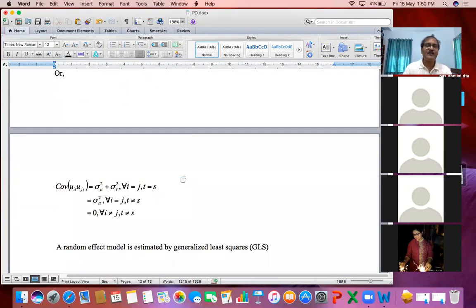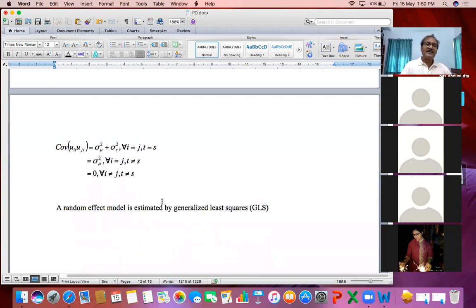For the classical linear regression model, this covariance should be 0. But in our setup, by separating out μ_i and epsilon_it, we can see that the covariance of u_it and u_js will not always be 0. It will be 0 only when i is not equal to j and t is not equal to s. But this covariance will not be 0 here.